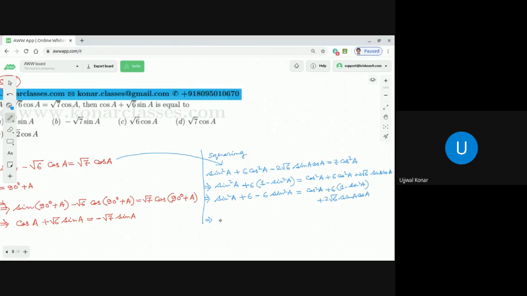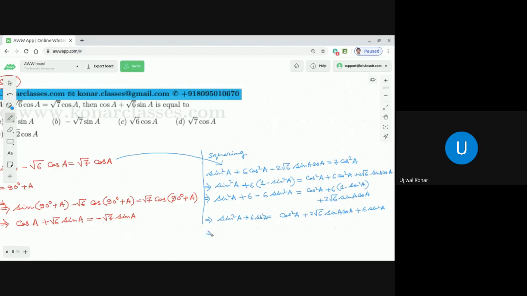So what we are going to get here is sine square A is equal to cos square A plus 2 into root 6 into sine A into cos A, plus here I am writing 6 sine square A, and here also I am writing 6 sine square A. Why?